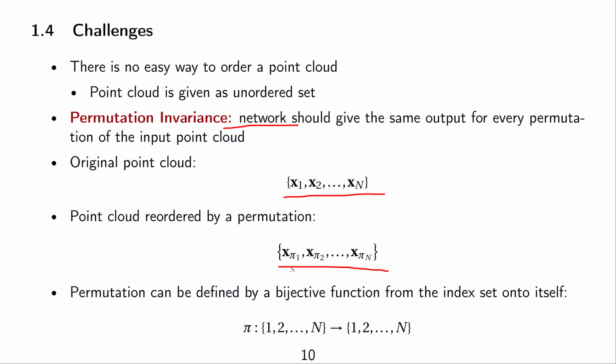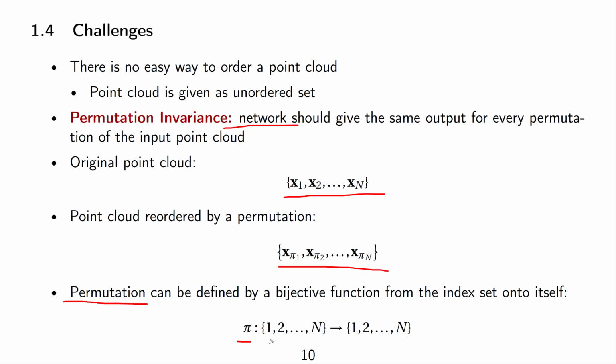So in this permutation, 1 maps to a different index pi1 and 2 maps to a different index pi2 and so on. That means the permutation defines a reordering of the indices. So a permutation can be defined by a bijective function from the index set onto itself. That means the function pi maps any integer in the set 1 to n to another integer in the set 1 to n.